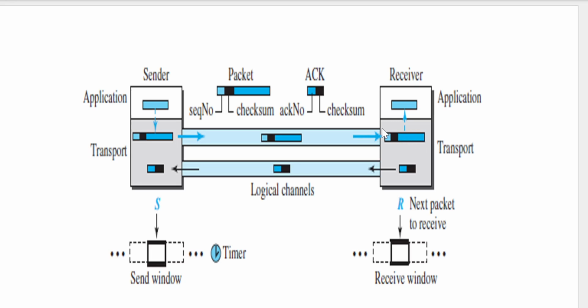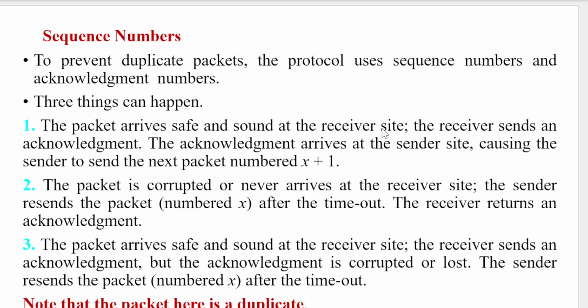Otherwise, it will not send. In this situation we have three scenarios. First, the packet arrived at the receiver safely and the receiver sent an acknowledgement denoting that everything was fine, so the sender should send the next data.